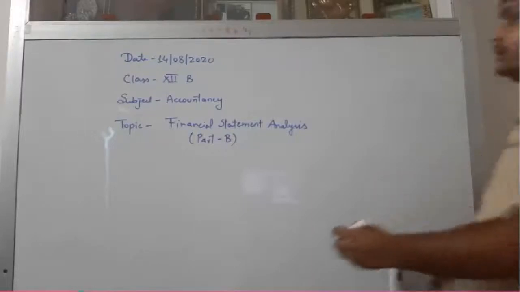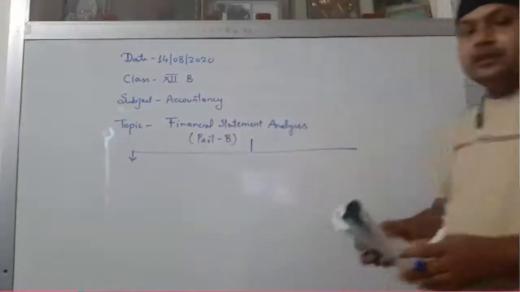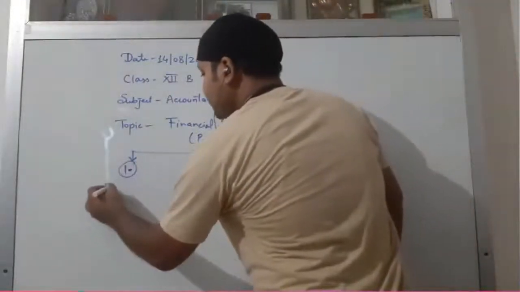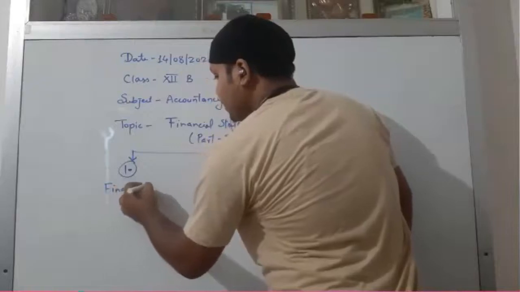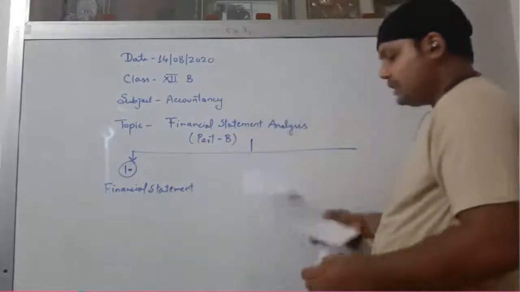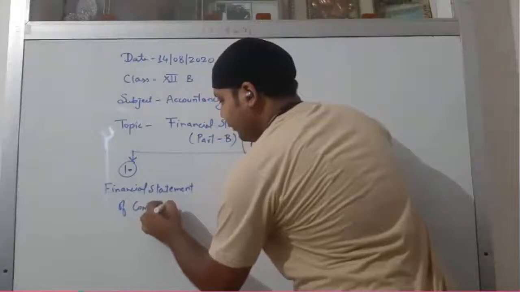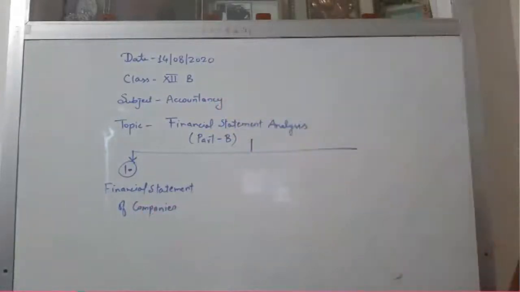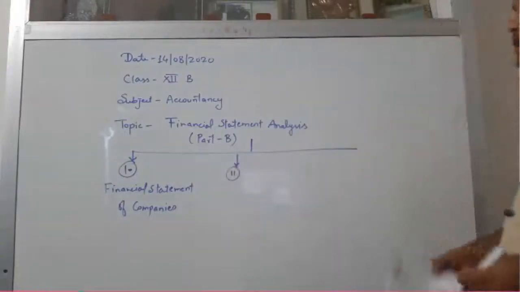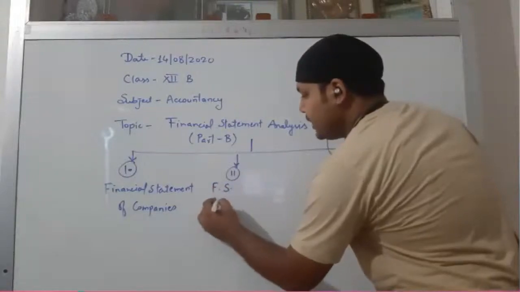The first chapter included in Part B, that is chapter number 10, is financial statement of company. If we talk about chapter number 11, the name of chapter number 11 is financial statement analysis.